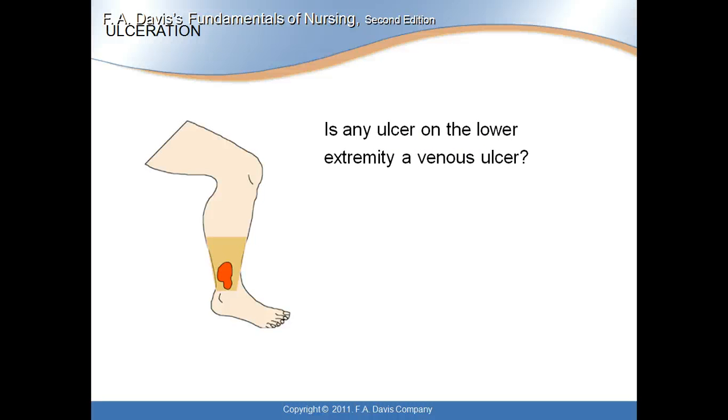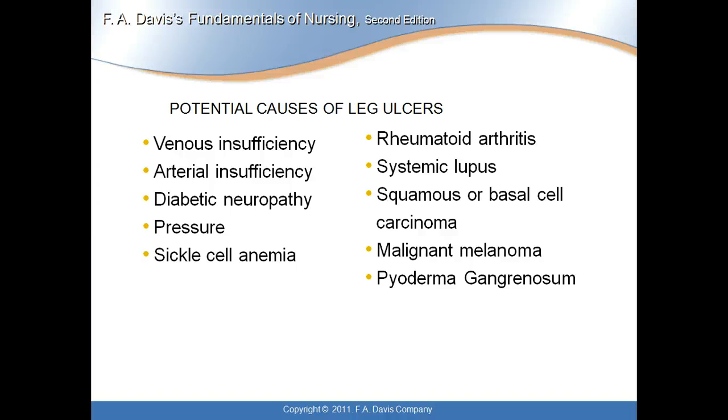And the answer is, well, no. So the potential causes of leg ulcers can be venous insufficiency, arterial insufficiency, diabetic neuropathy, pressure, and sickle cell anemia. We also have rheumatoid arthritis. We have systemic lupus, squamous cell or basal cell carcinoma. We've got malignant melanoma, pyoderma gangrenosum, which is basically gangrene.